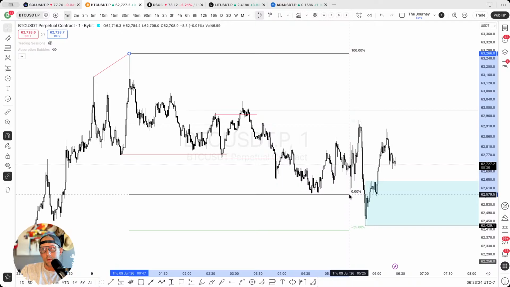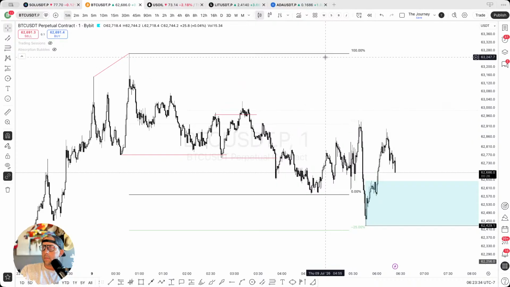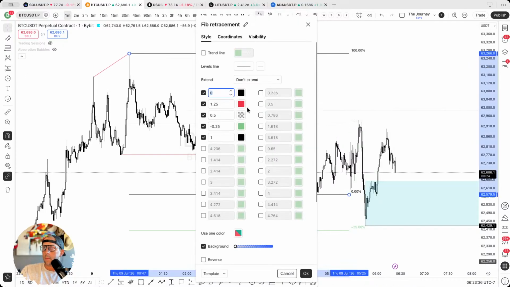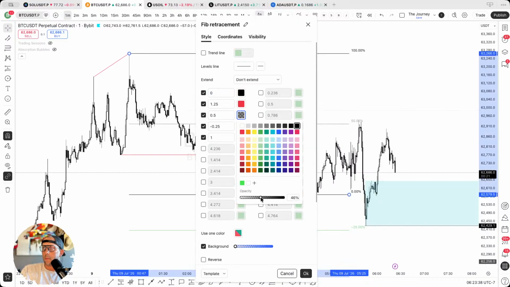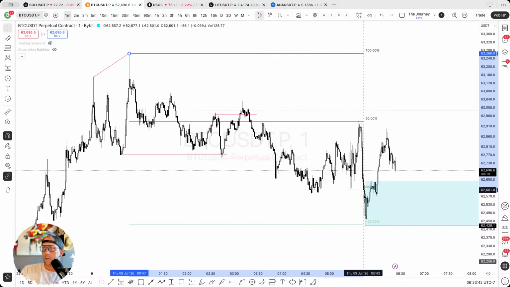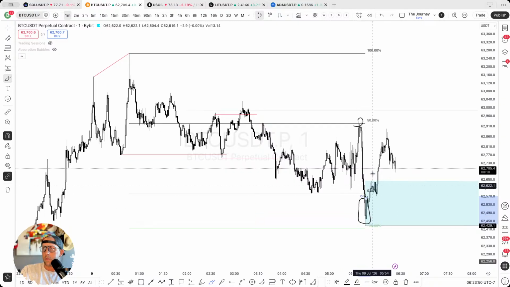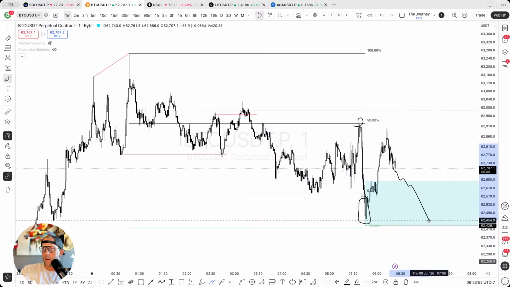Or does it? Hold on. That qualifies. We hit the 50%. We didn't break the deviation threshold. I'm happy to grab a long off that.